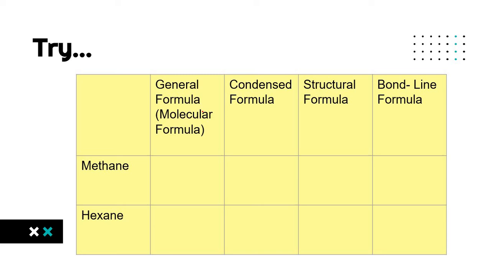For methane, the general formula is, what is it? The molecular formula: C, meth stands for 1, ane, single bonds. So it's CH4. Let's go first with the structural formula, C, so it's H. Okay, so the condensed formula, we have nothing to condense, so it's just CH4.